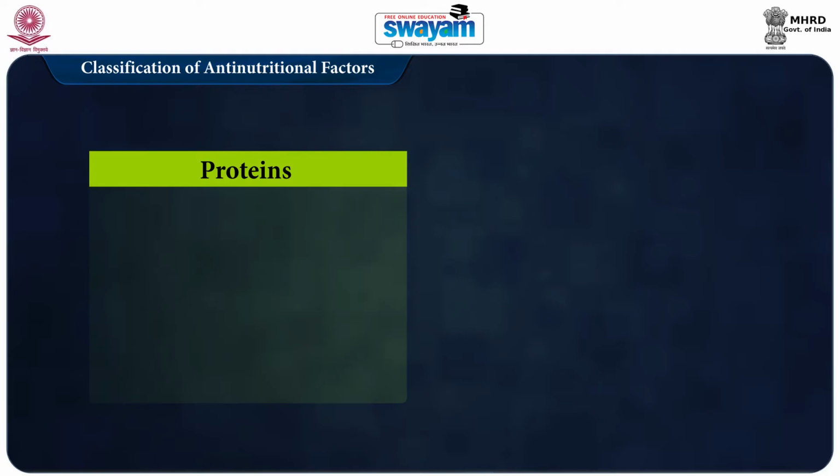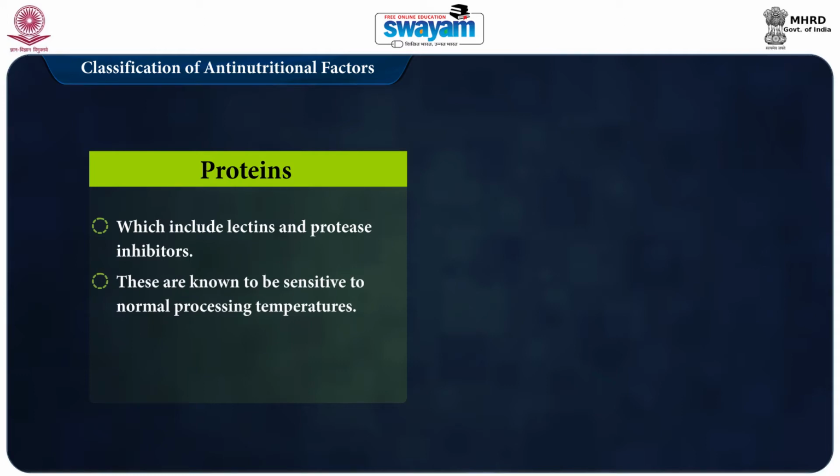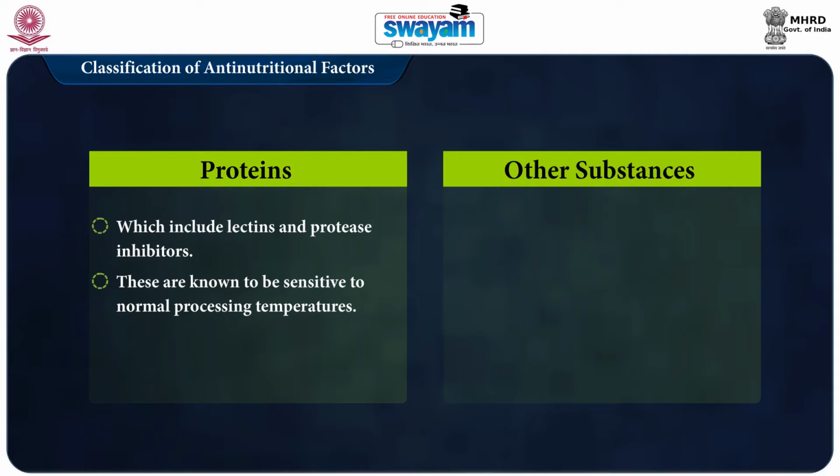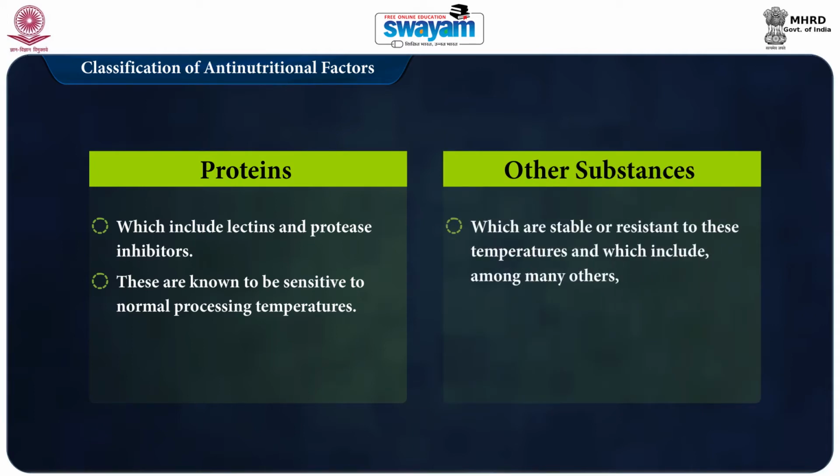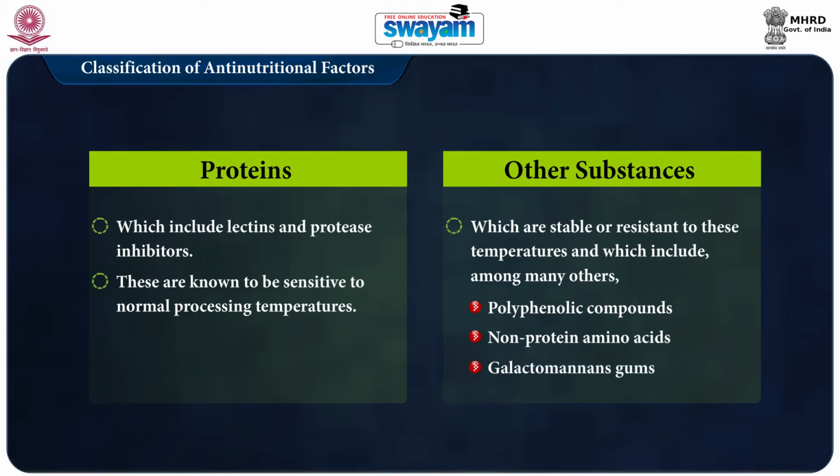Now proteins include lectins and protease inhibitors. These are known to be sensitive to normal processing temperatures. Other substances are stable or resistant to these temperatures and include among many others polyphenolic compounds, mainly condensed tannins, non-protein amino acids and galactomannan gums.